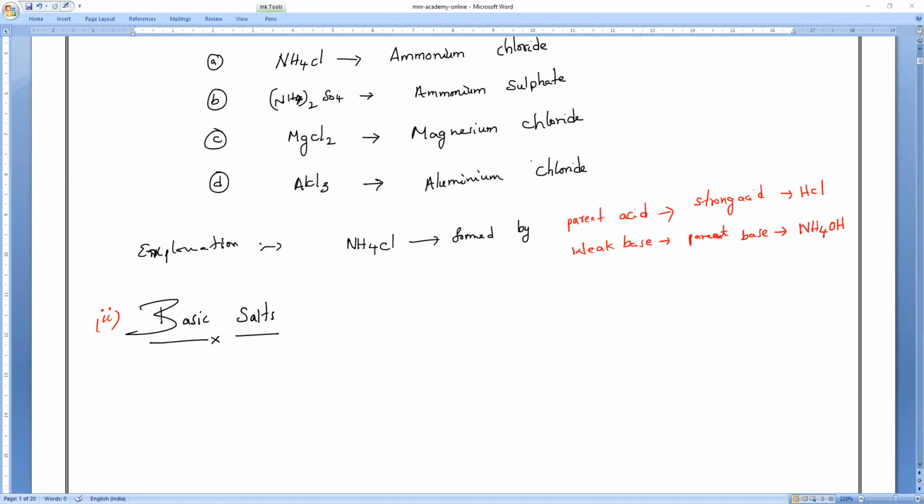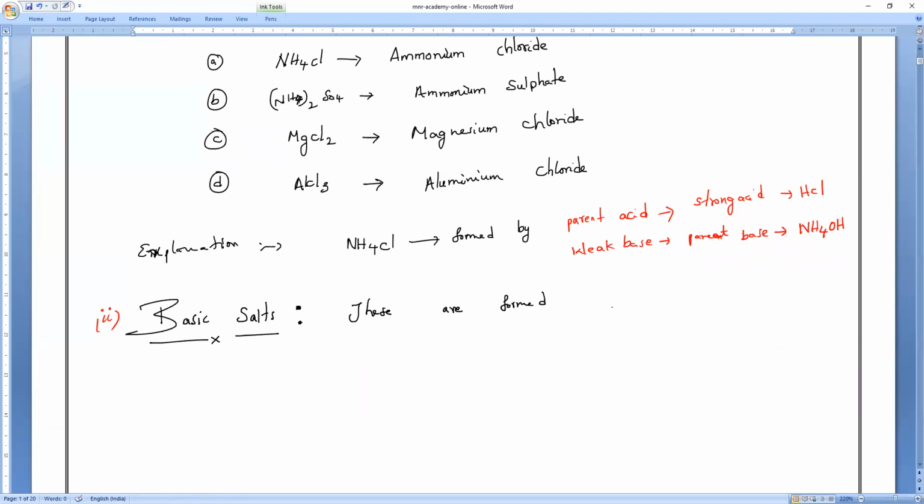Completed, everybody? Basic salts. Now let us see what these basic salts are. By this time you can understand, these salts are formed by what? All of you, you can guess it: weak acid plus strong base. Yes.